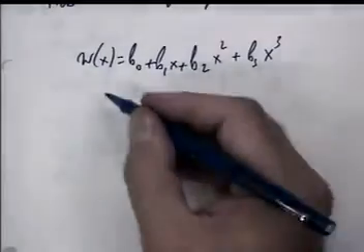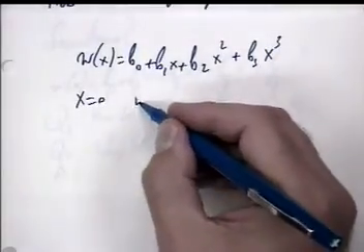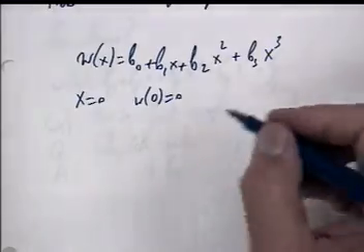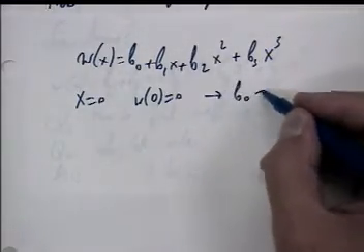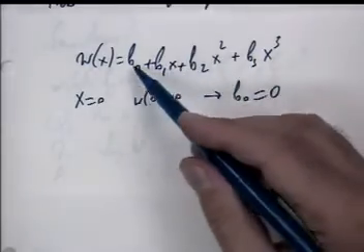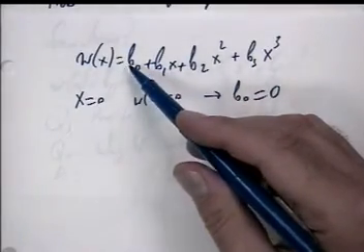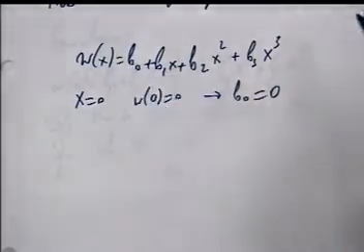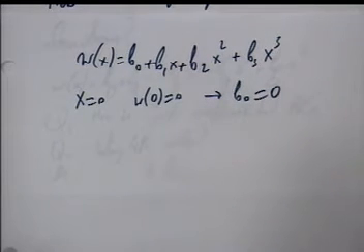Let us start with this. When x equals 0, w at 0 should be 0. From here, b0 is 0. Because I substitute 0, so this must be 0. Because if b0 is not 0, then w does not become 0 at 0. Yes?